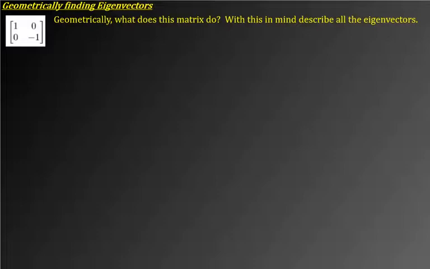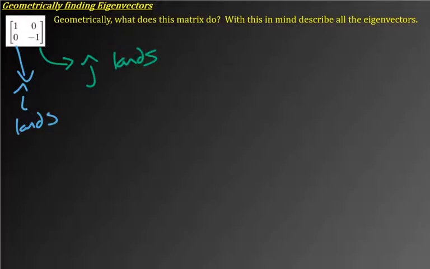But geometrically, finding eigenvectors is important too, just thinking about what's happening. So if you have this matrix, this column represents where i hat lands, and this one represents where j hat lands, okay? And i hat is landing where i hat is, and then j hat is moving to 0, -1.